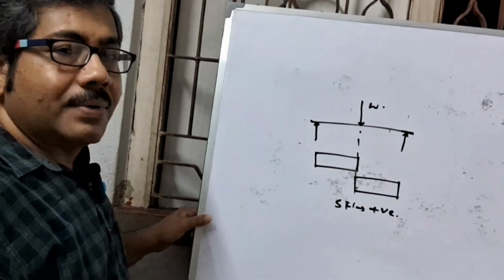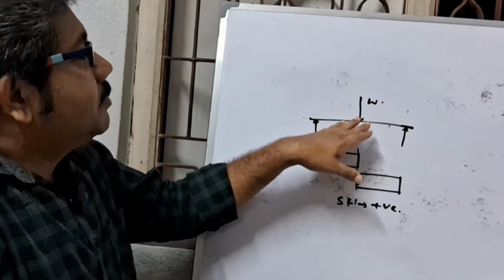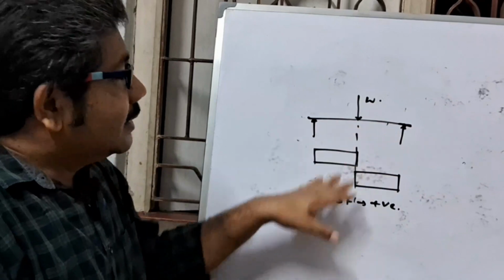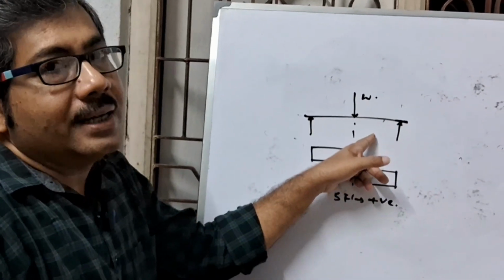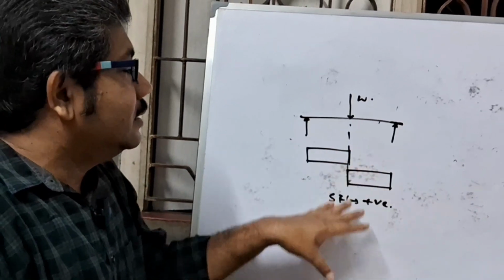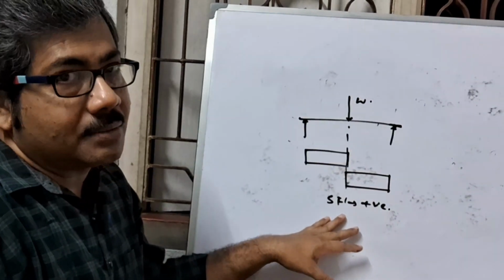And vice versa: if the beam is loaded in such a way that its left hand portion slides downward and right hand portion slides upward, then the shear force is called negative shear force.